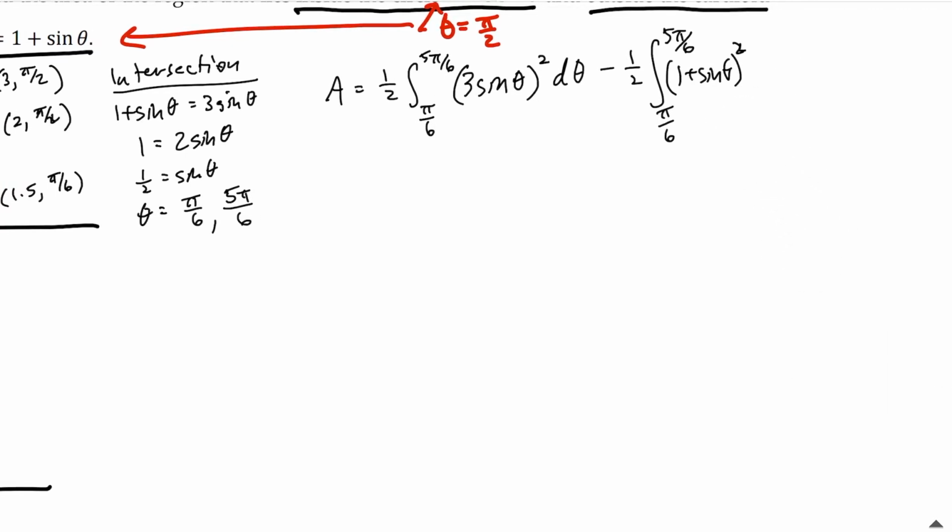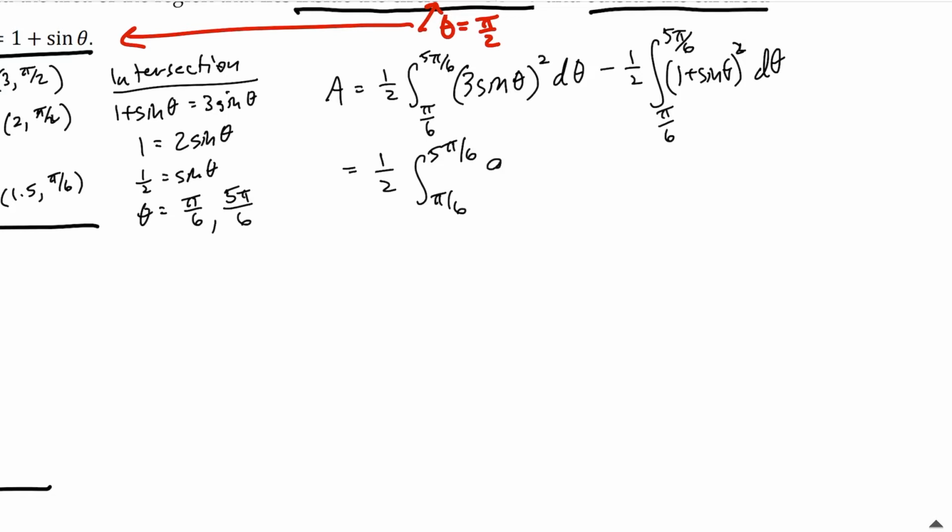But if I do that, then let's note I could have just written this as a single integral, right? Because our domains are the same. So in other words, this is really equal to 1/2 integral pi over 6 to 5 pi over 6 of both of those functions.